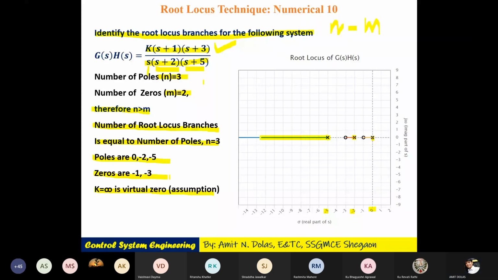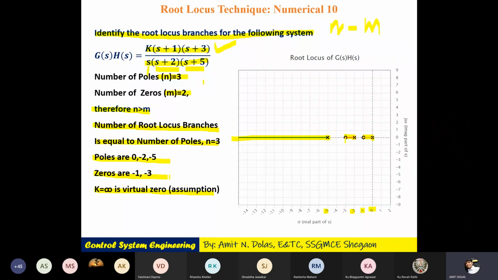This is ending towards infinity. Of the rest of the branches, one starts at the pole at 0 at K equal to 0, and ends at the first zero, that is minus 1 here. And another pole starts at minus 2 and ends at minus 3, which is the zero present here.